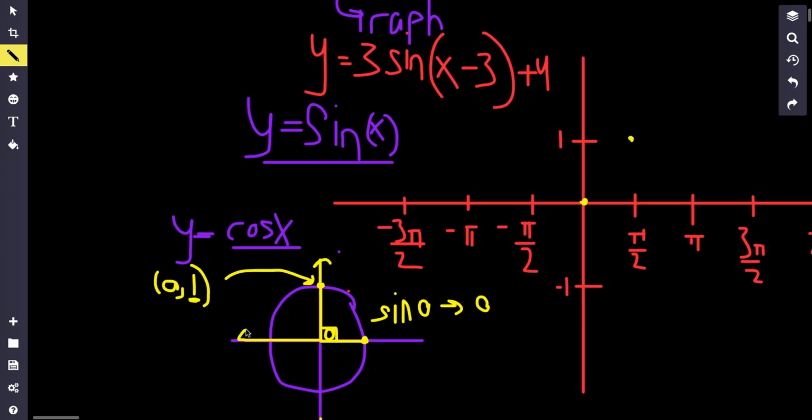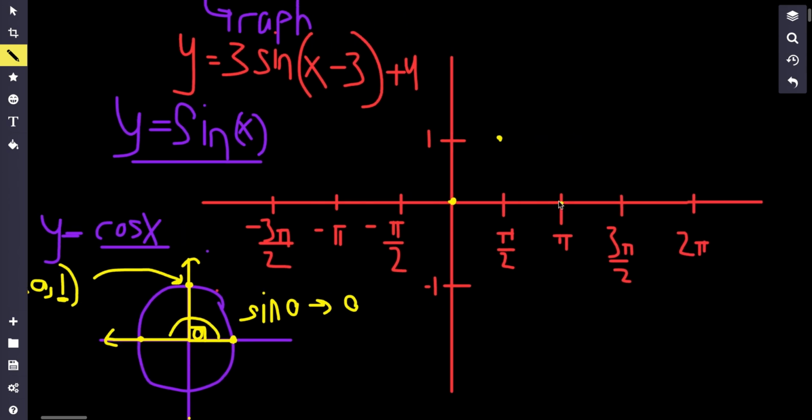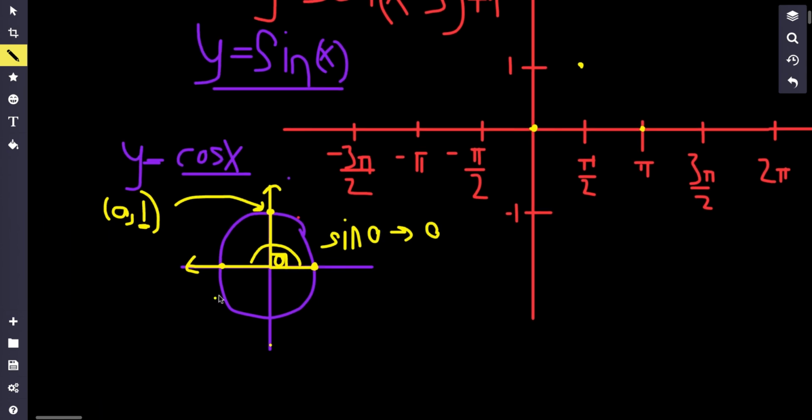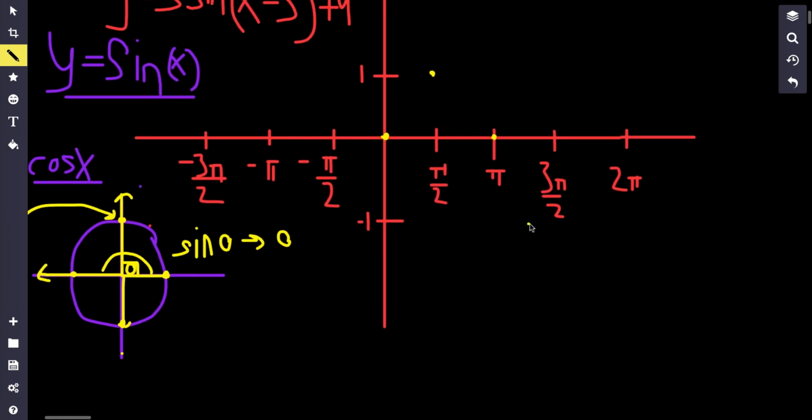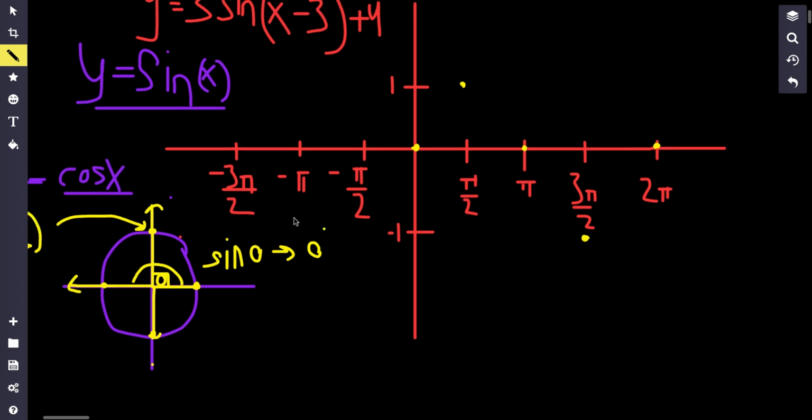Now, when you go pi radians across the unit circle, so 180 degrees, your y value is back at 0. When your angle is 270 degrees, so it looks something like this, guess what? Your y value is now -1. So right over here, and then it has to go back up. And you kind of see the pattern, right?